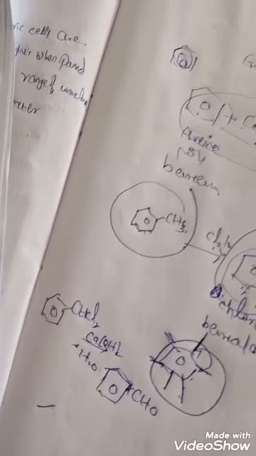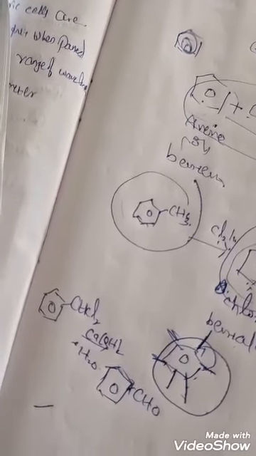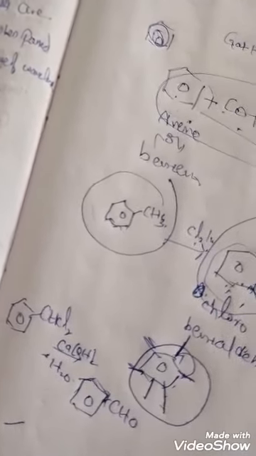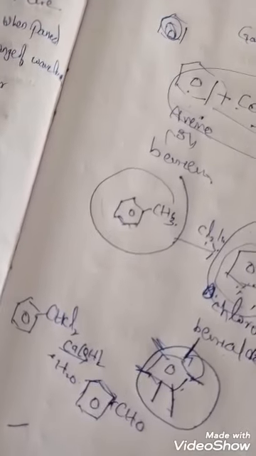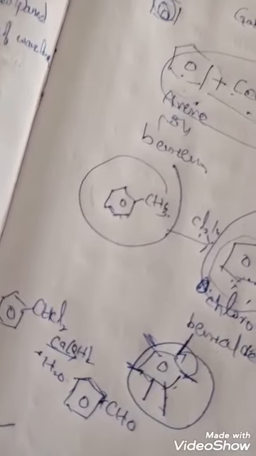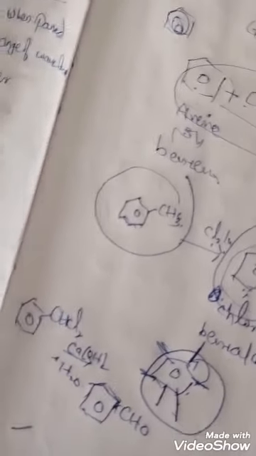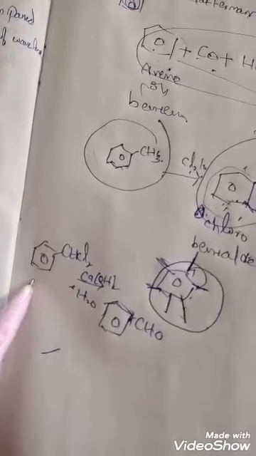An aromatic aldehyde is obtained when benzyl chloride is reacted with calcium hydroxide with the removal of a water molecule. Okay, we can take first benzyl chloride. This is the benzyl chloride.